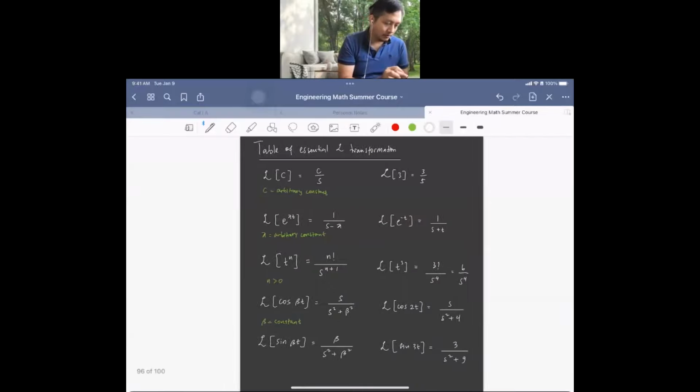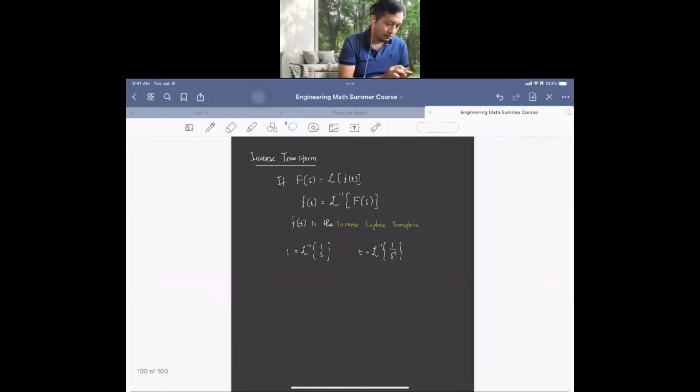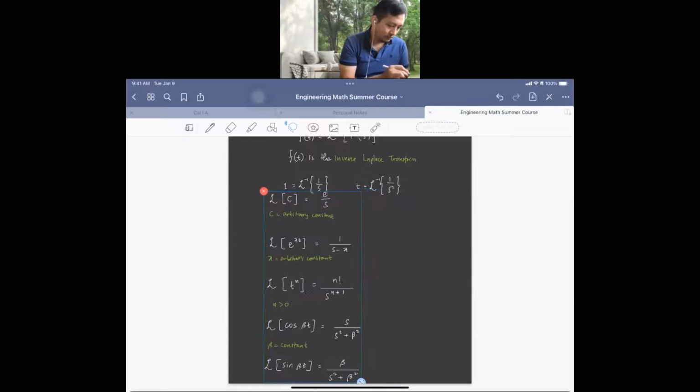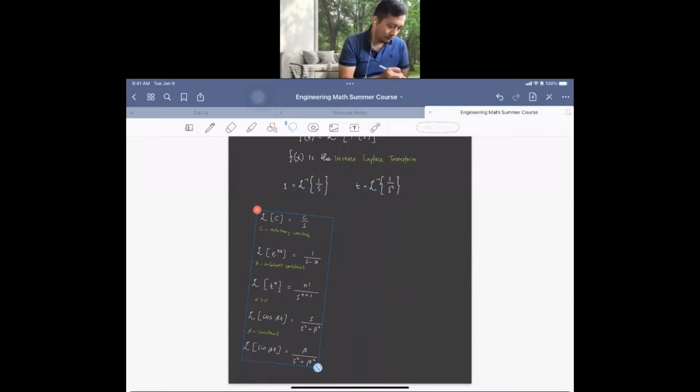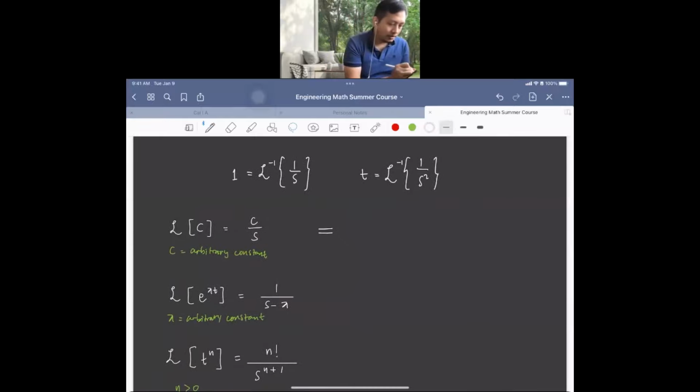Let me just copy the left part from the last table, to see the connection. So Laplace transform and Laplace inverse.